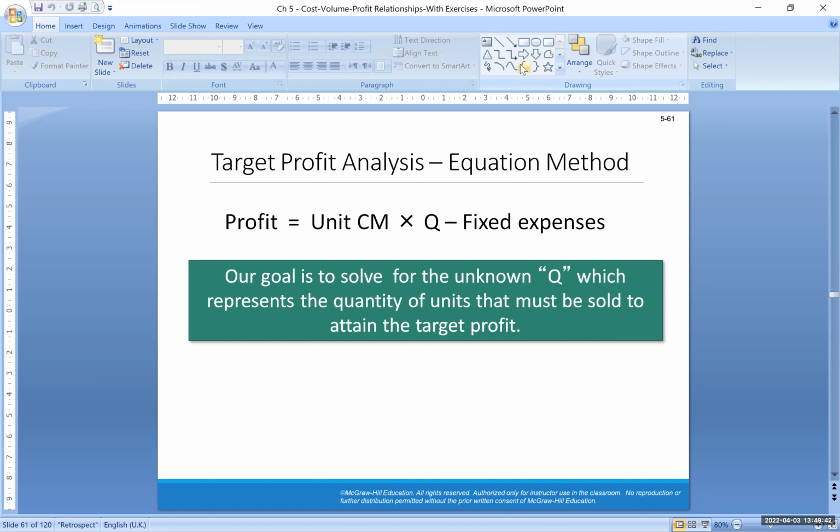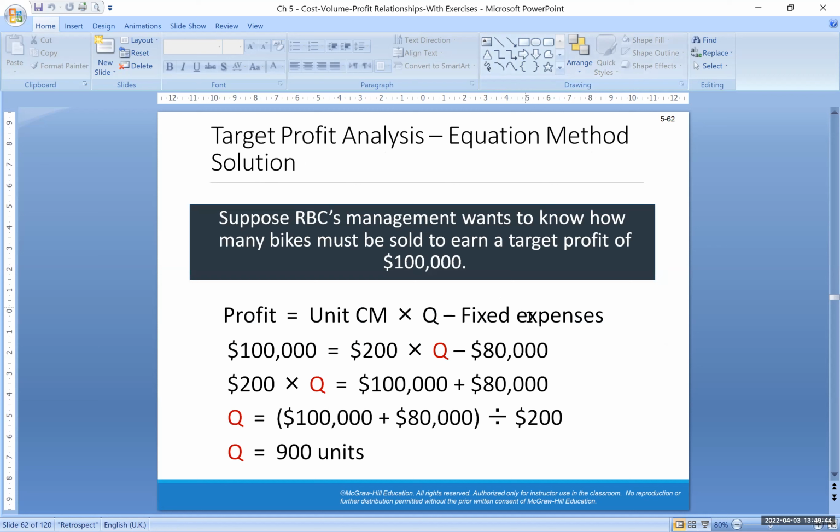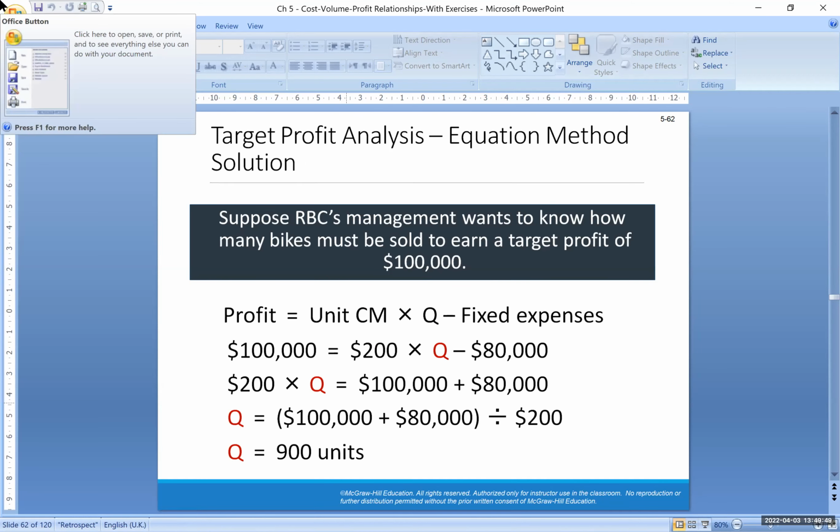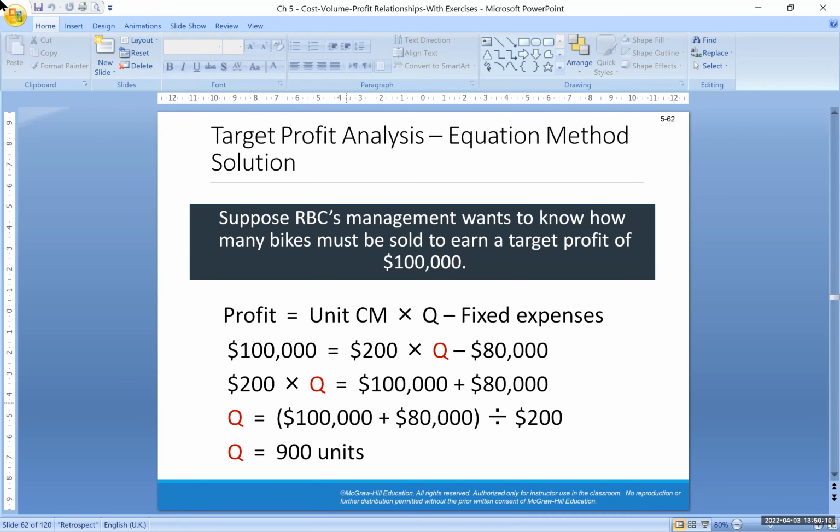The contribution margin per unit multiplied by quantity will give you the total contribution margin, minus the fixed expenses. This will give me the profits. Our goal here is to solve for the unknown Q, which is the quantity.